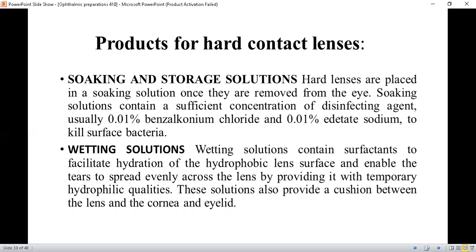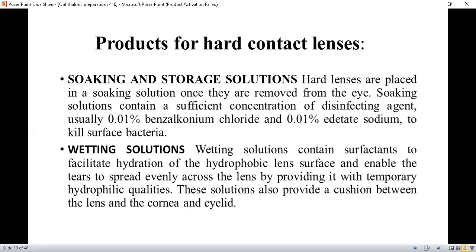Wetting solutions. Wetting solutions contain surfactants to facilitate hydration of the hydrophobic lens surface and enable the tear to spread evenly across the lens by providing it with temporary hydrophilic qualities. These solutions also provide a cushion between the lens and the cornea and the eyelid.